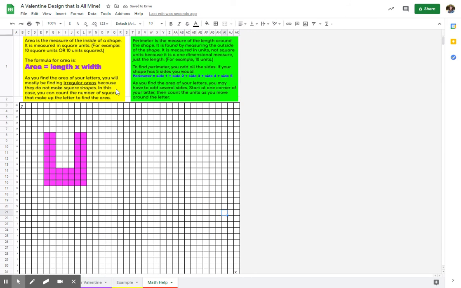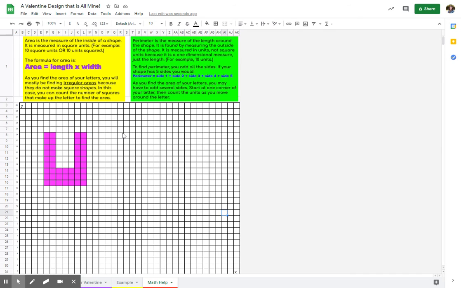We've talked about area. Let's come over here and think about perimeter. Remember that perimeter is just a one-dimensional measure of the outside of a shape. So just as I'm showing you with my mouse, it's this particular line that goes around my letter U. That is the perimeter of my shape. Again, this is irregular.